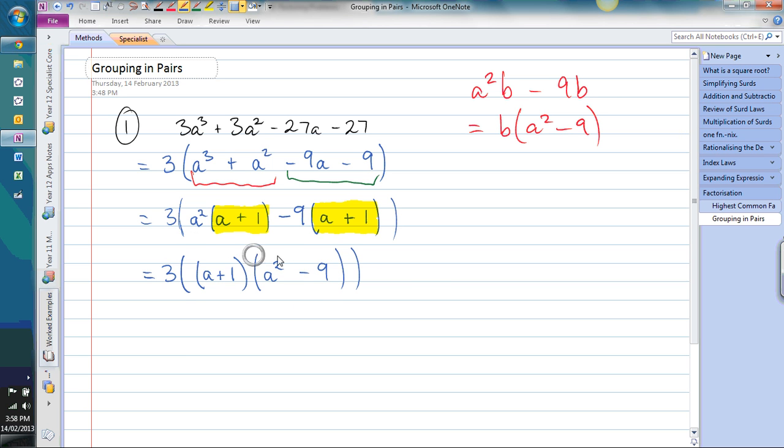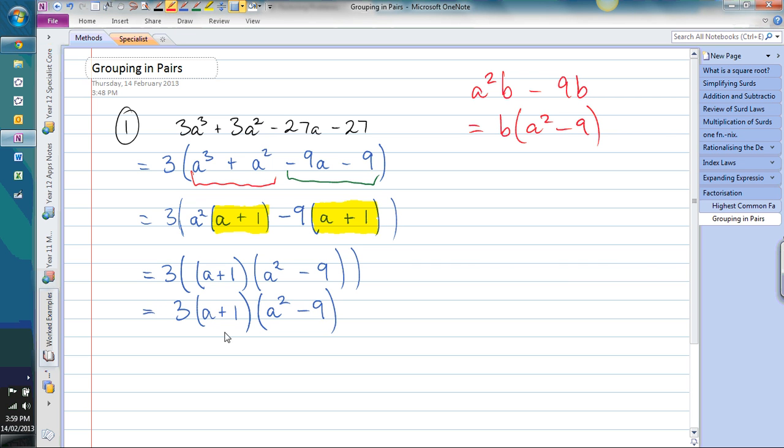Each of those 3 things have to be multiplied together, and it doesn't matter the order. If I want, I can do the 3 times the a plus 1 and then this one. So this set of outside brackets, while they're telling me to do this multiplication first, whether I do it or not will not affect the overall result, the overall value of this expression. So I can actually just leave that redundant set of brackets out, and I'm left with this expression here.